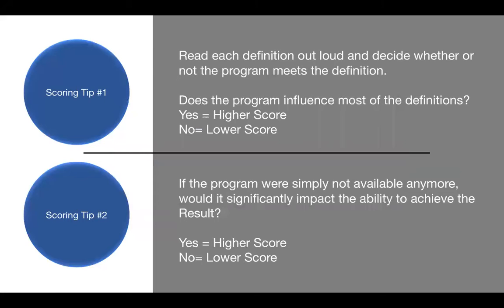Does the program influence most of the definitions? If yes, then that higher score that's been assigned by the department is probably valid, and you can then start to determine whether or not it's a 3 or a 4. If it does not influence most of the definitions, then we're probably looking at a 0, a 1, or a 2, and you can validate whether or not the department has that correct.